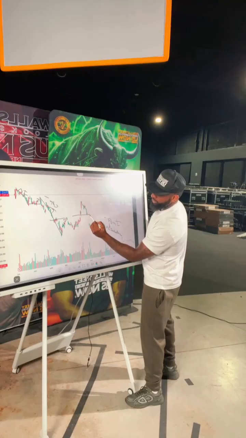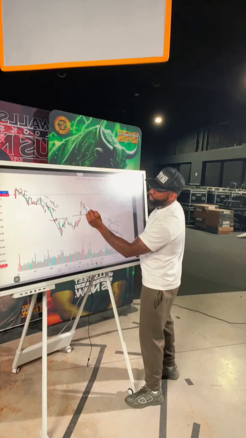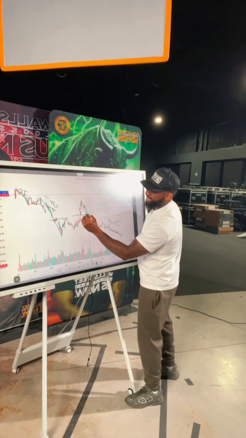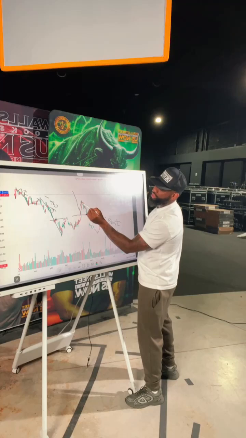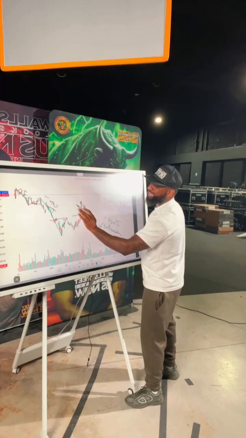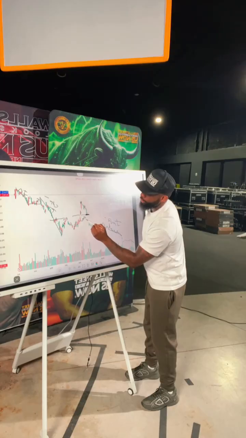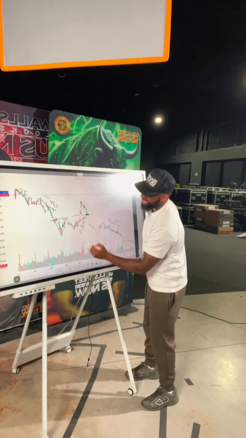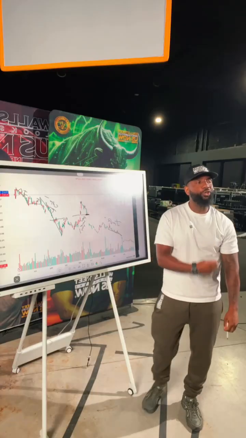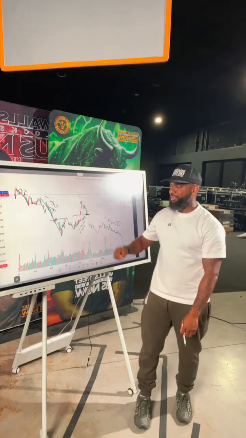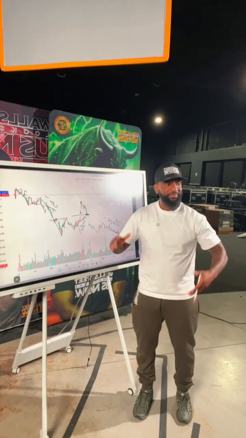See, if this was the high, and this would have just done this and went back up, this would have been just a correction. But because it did what? It created a new lower high. Because it created a new lower high, it became an impulse.